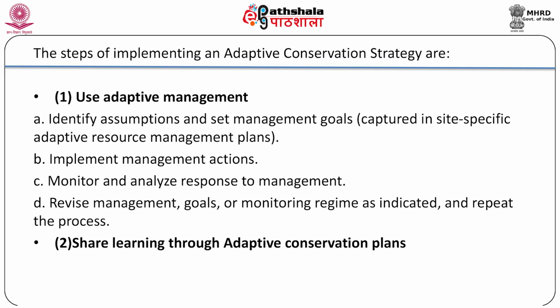Next, disseminate and incorporate plan recommendations into resource management and policy by partnering with or conducting outreach to appropriate audiences. Next, reassess and revise both site-specific resource management plans or practices and adaptive conservation plans and repeat the process.